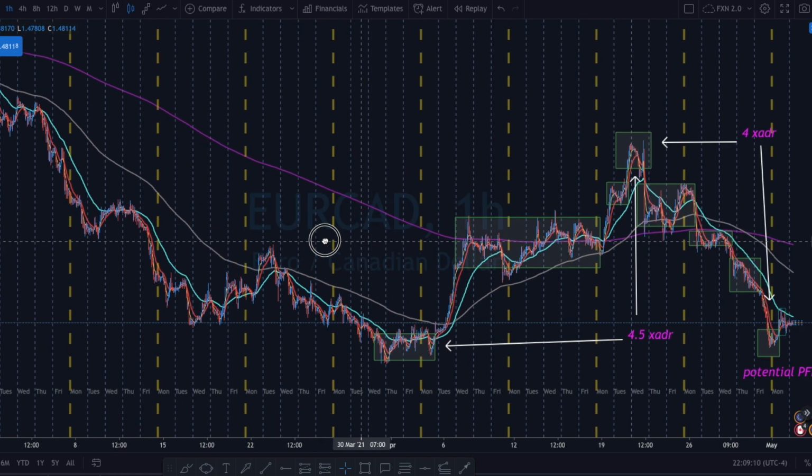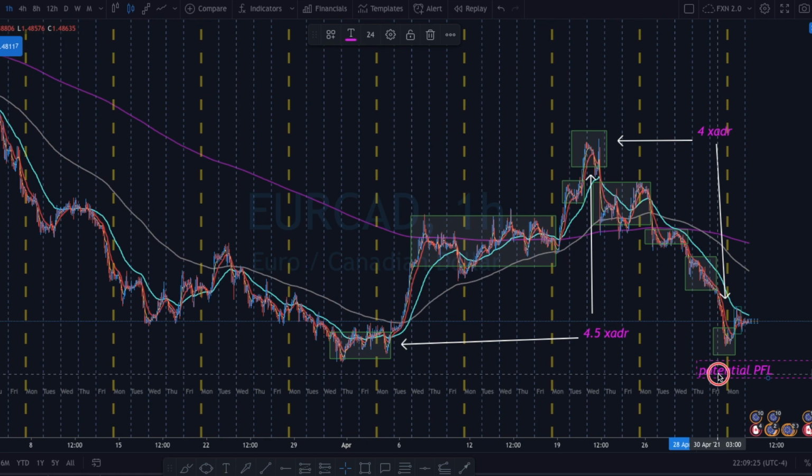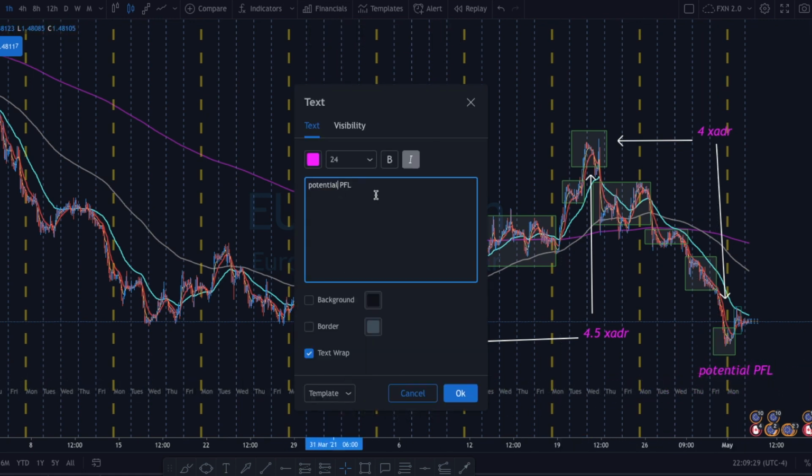Can you really reverse engineer this to where when you get down here, this is actually a peak formation low? That's what I like to do, because that basically guarantees me that I'm doing it right and that I'm on the right path.